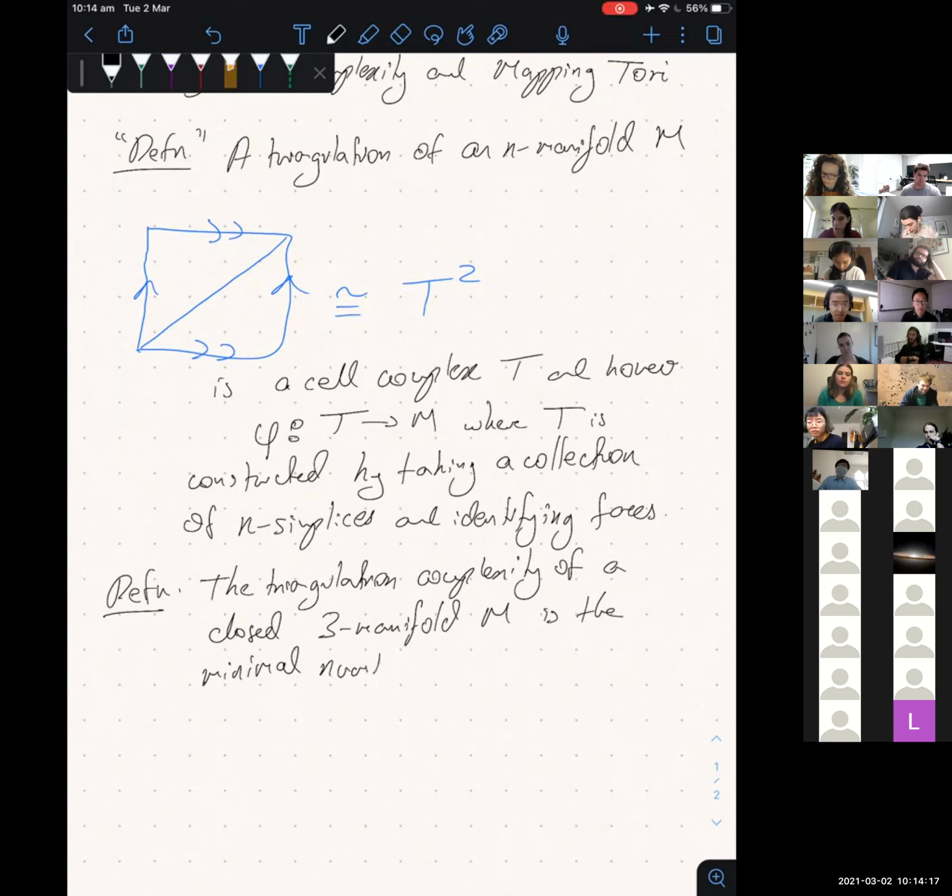So the minimal number of tetrahedra in a triangulation.